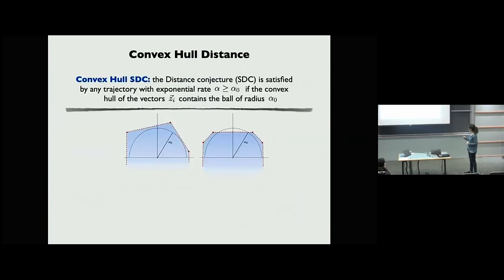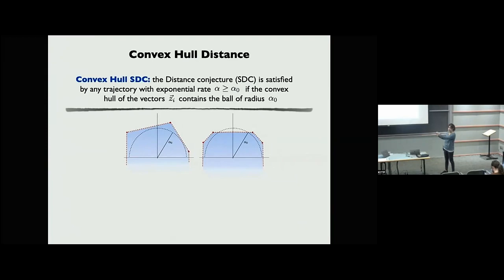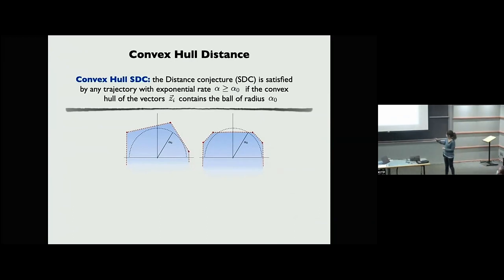And therefore we can use something that is very useful for the weak gravity conjecture, which are these convex hulls. So when you have several fields, what you have to require is that the bound is satisfied for every direction, and this is going to happen if the convex hull, if I have different towers of states, I can plot where they are, what is the scalar charge to mass ratio, and if the convex hull of all these vectors contains some ball of radius alpha 0, then I can guarantee that if I move in some arbitrary direction, the distance conjecture will be satisfied with some exponential rate that will be at least alpha 0.